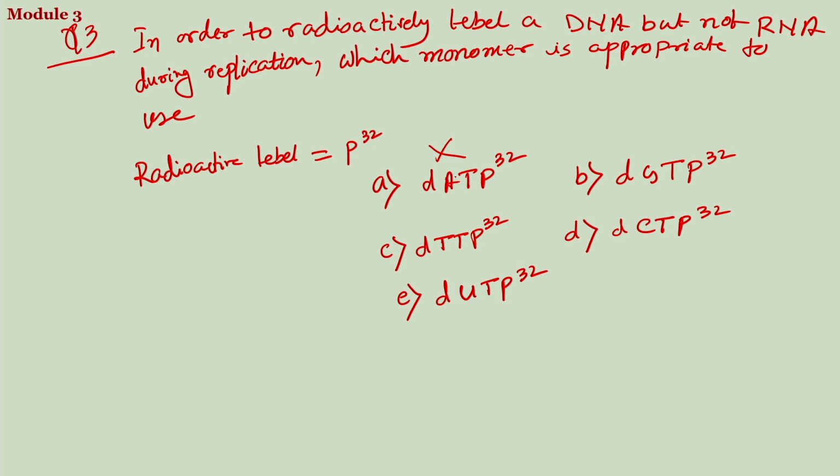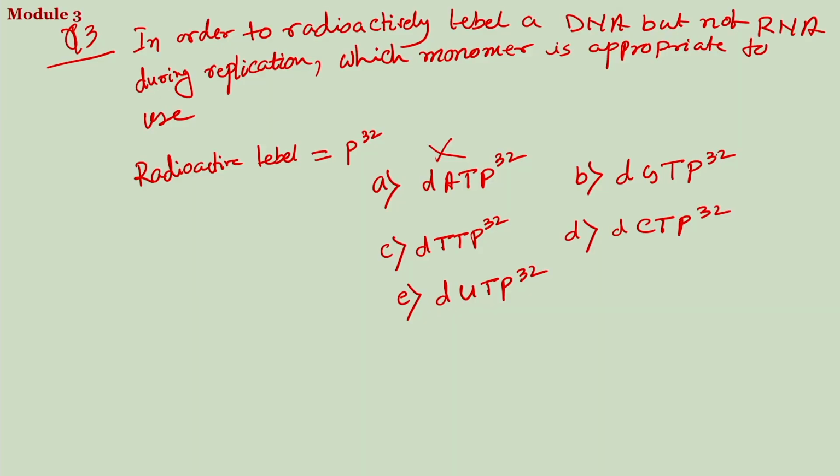If ATP is taken up, then DNA would be labeled, RNA will also be labeled. GTP, guanine. Guanine is present in both DNA and RNA. So, similarly, if you use this, then both will be labeled, DNA plus RNA. So, this is not the selective one.